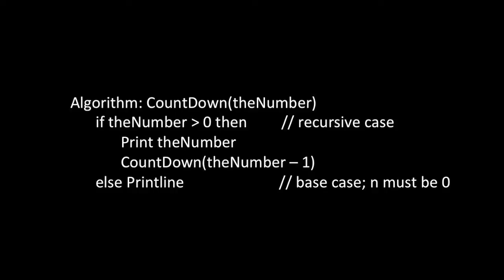What would happen if I changed the order of the statements so that the algorithm first called itself with the decremented argument and then printed the number? In my example, the algorithm would call itself with 3 and then print 4. So we know that the 4 would be printed after the 3. What happens with the call to countdown 3?